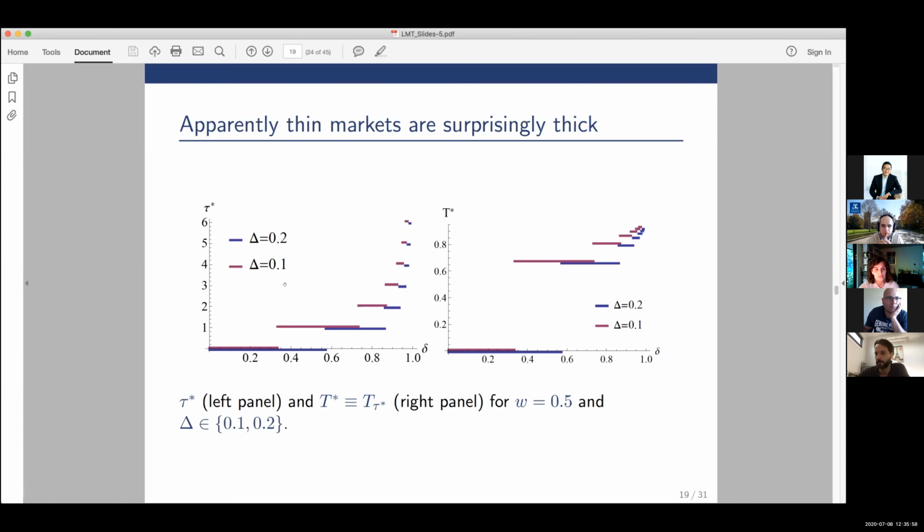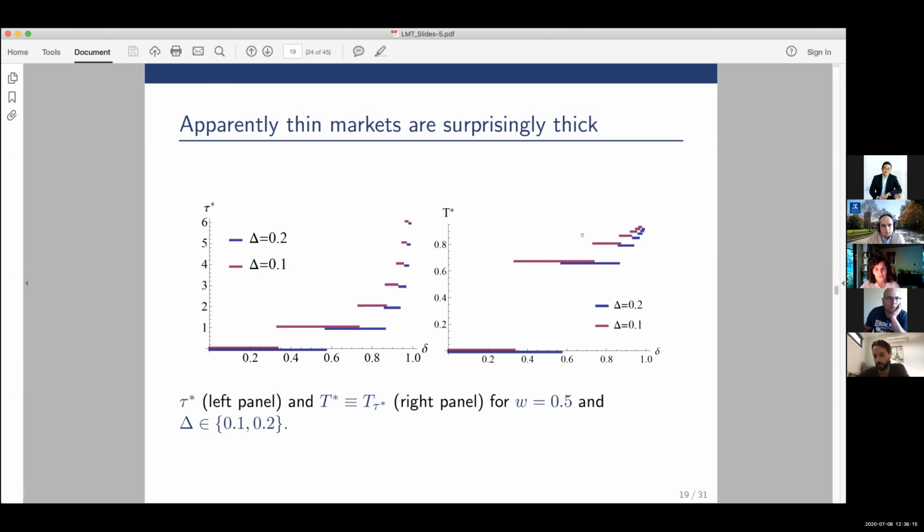We do some comparative statics formally in the paper, but it's very intuitive that you're more willing to store when big delta is smaller. So that's indicated here by the purple versus the blue. But these numbers here are just very small typically.